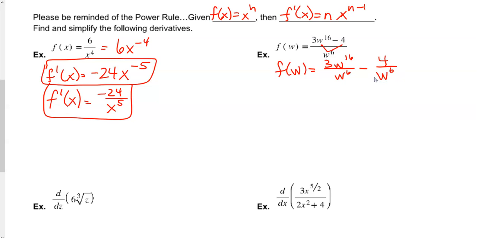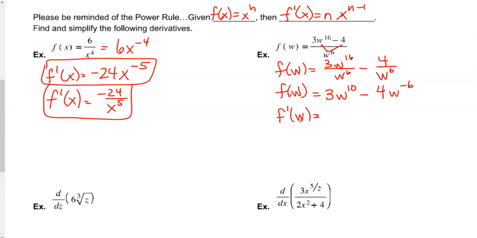Now, granted, here there's nothing you can simplify, but I could cancel here and leave me with 3w to the 10th minus, now I'm going to bring this up top and make it a negative. Okay, so that gives me a new look at the same function, to which the power rule is going to be so much easier to do here than a quotient.